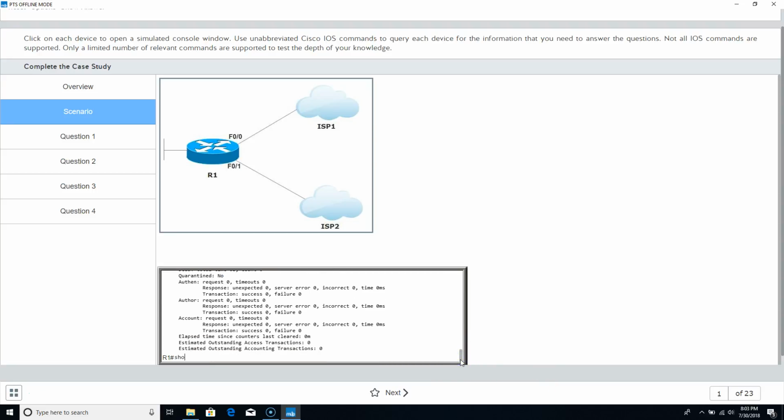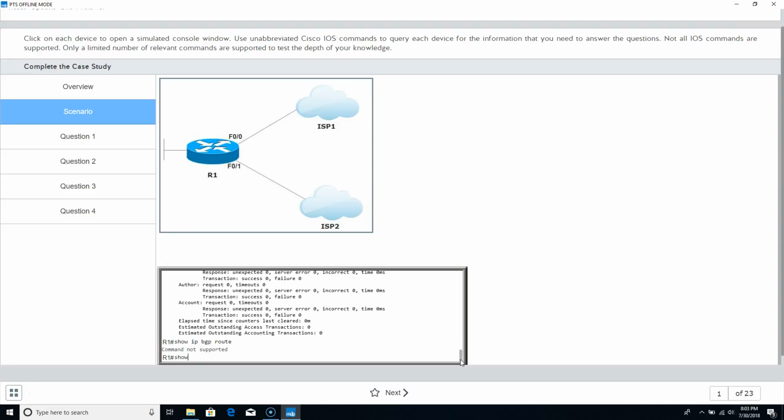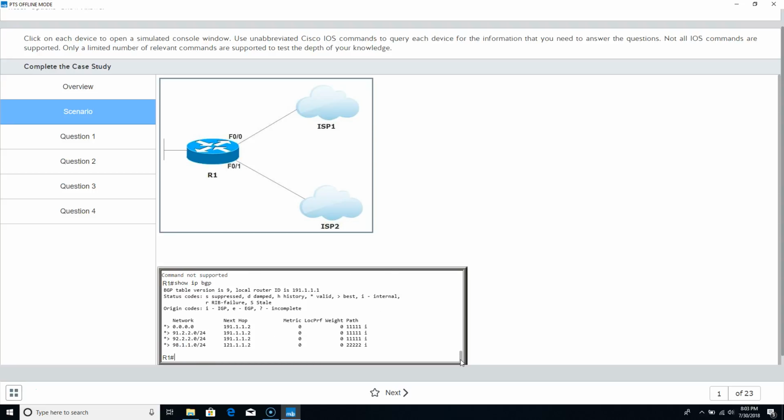So now we need to find out who advertised it. Show IP BGP. The network 195.1.1 is not in the routing table, so we use the default route.